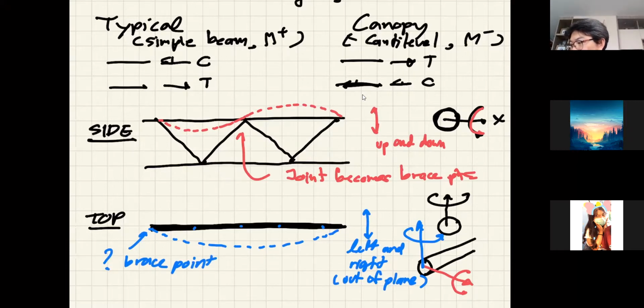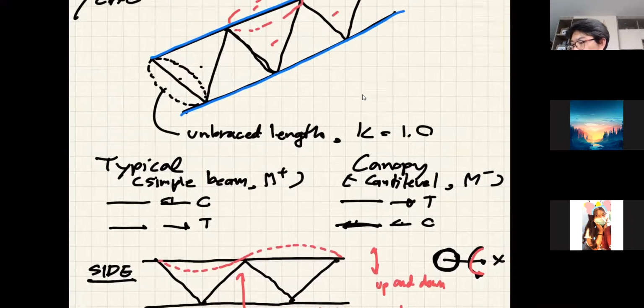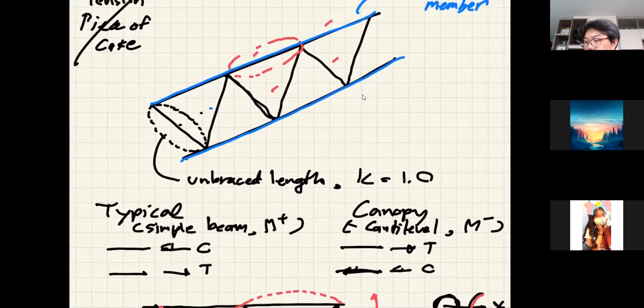If you look at this picture, your webs can help prevent the up and down movement or displacement, right? That's more like it. But it doesn't help restrain this blue member to move in and out, left and right. In this direction, there is no help.